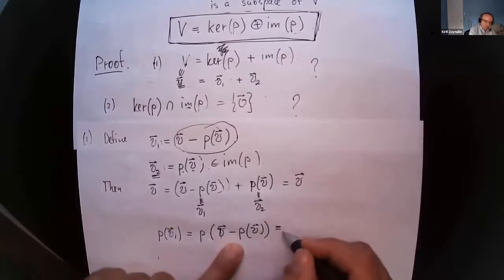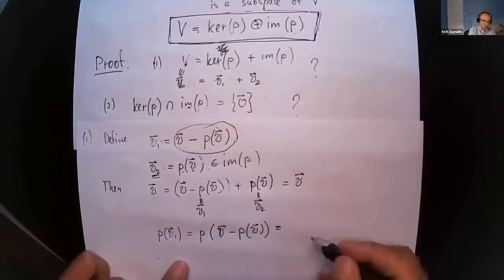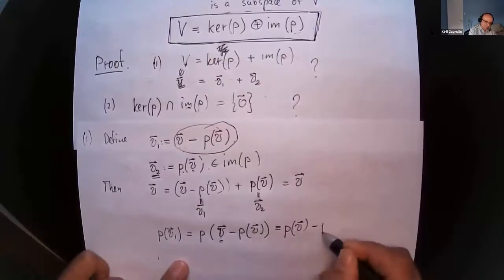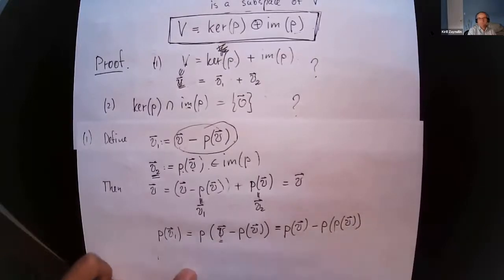And P is a linear transformation, so I can open the brackets in the standard way. So just P of V minus P applied to P of V.